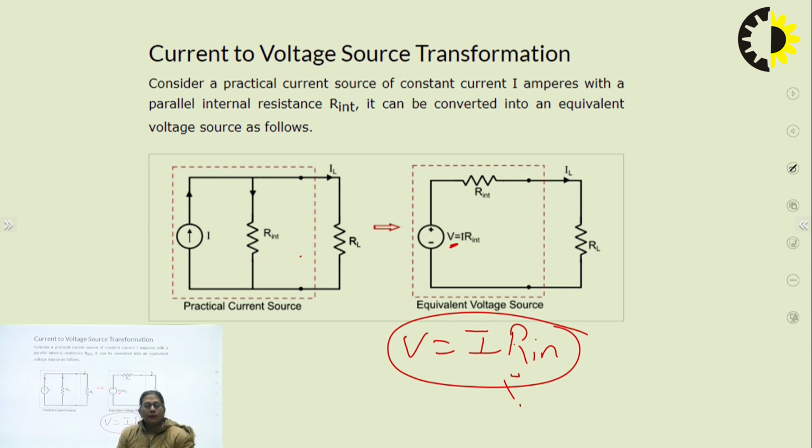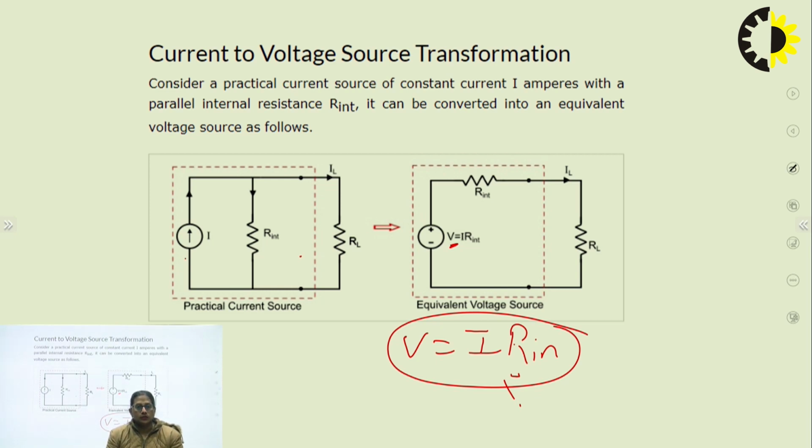That means when I'm transforming a practical current source into an equivalent voltage source, the value of the voltage source would be equal to the multiplication of the current with its internal resistance, which is shown in parallel. So the mandatory condition we got from all this is, a practical voltage source can be transformed into a current source.